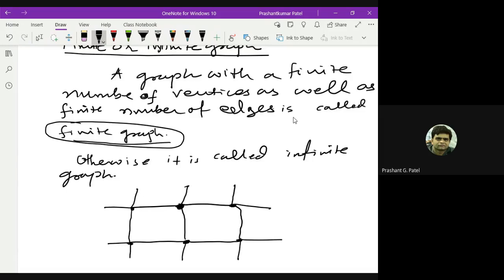Now, the first question that should come to our mind is why we have to study graph theory.